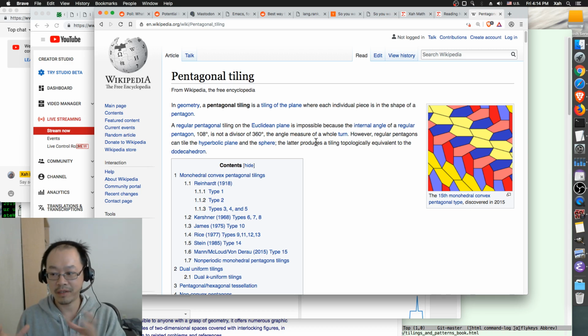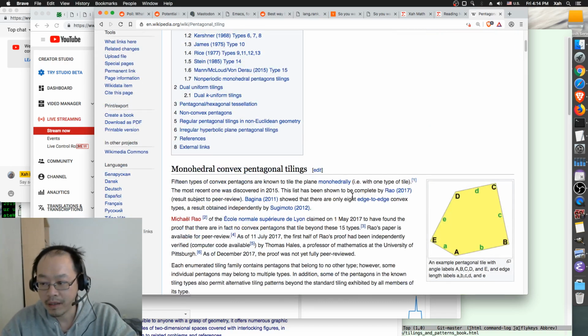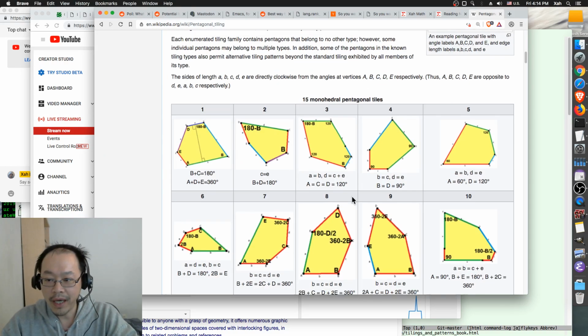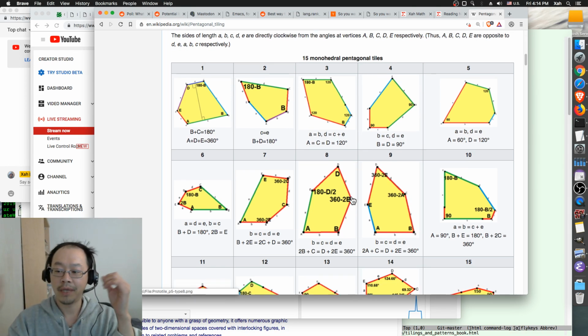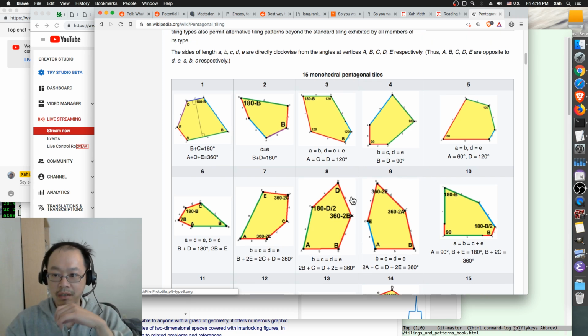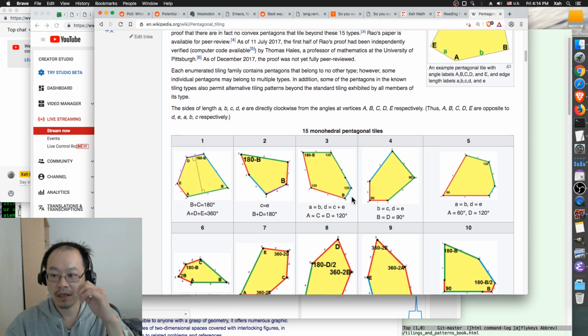So anyway, that's the flavor of the problem about tiling the plane. So you see one example of a mathematical problem about this tiling subject. On this Wikipedia page, it shows you currently, I don't think this is a completely solved problem.